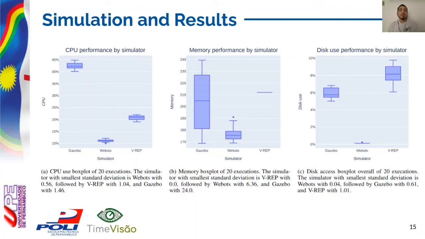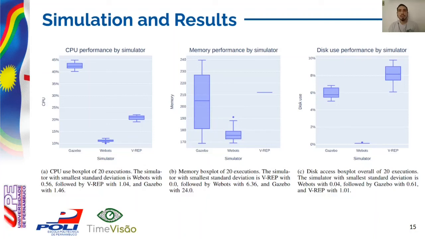Summarizing the results of the 20 executions, we can observe in the figure that both CPU and disk usage have a remarkable variation among simulators. It can be interpreted that Webots can simulate efficiently considering the non-existence of the hard disk access bottleneck and the lower CPU load, which is between 10 and 12%, and memory requirement, which is between 170 and 180 megabytes.